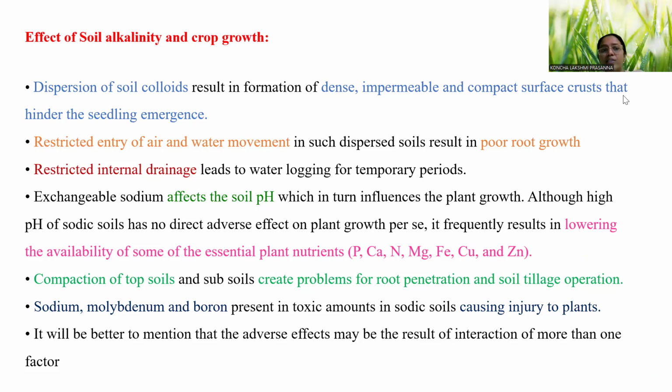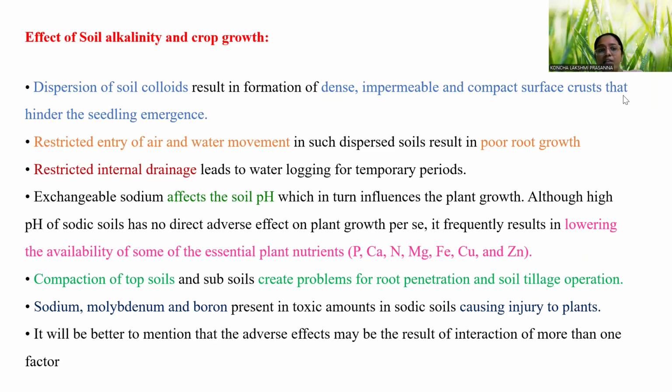So, the effect of soil alkalinity on crop growth includes dispersion of soil colloids. When there is a dispersion of soil colloids, it leads to compaction of soil. Soil aeration and soil drainage are severely affected, and root growth and seedling germination are seriously affected.